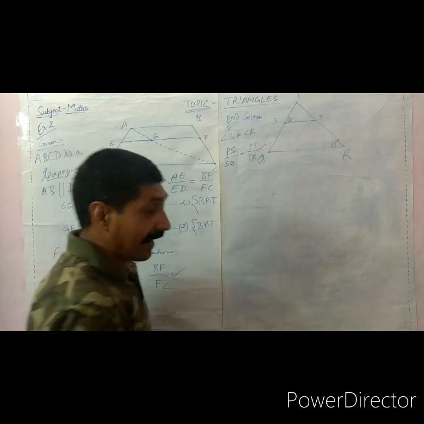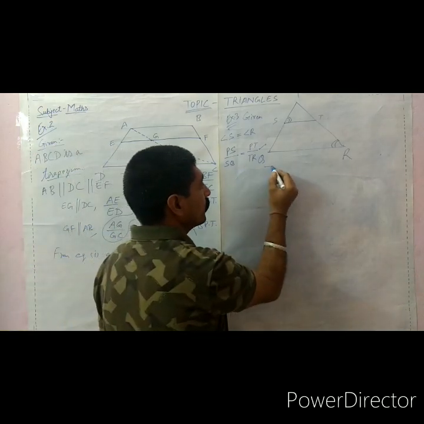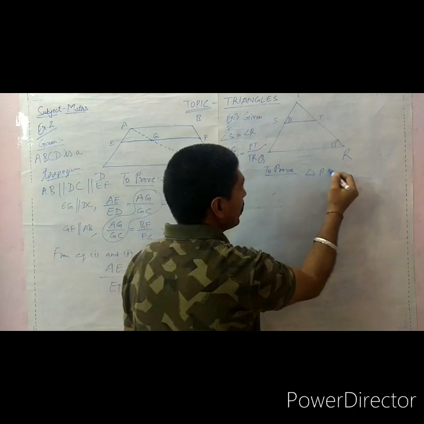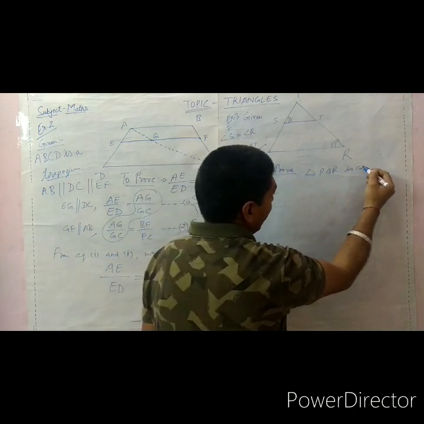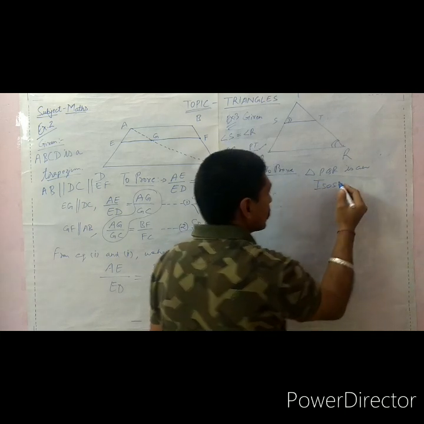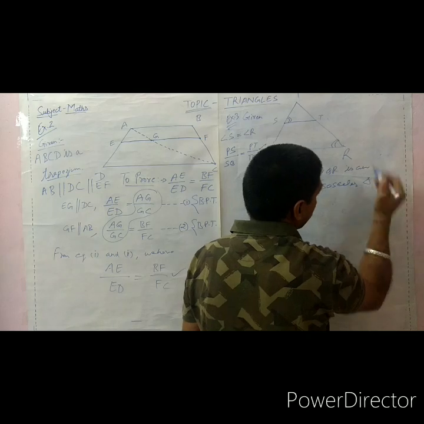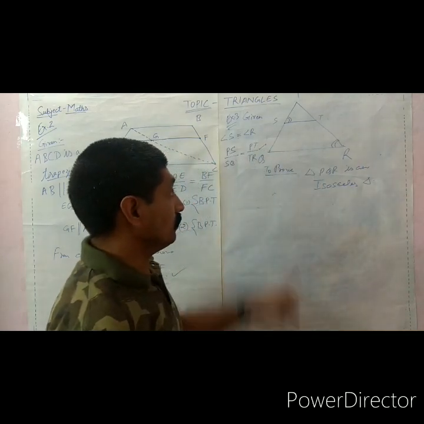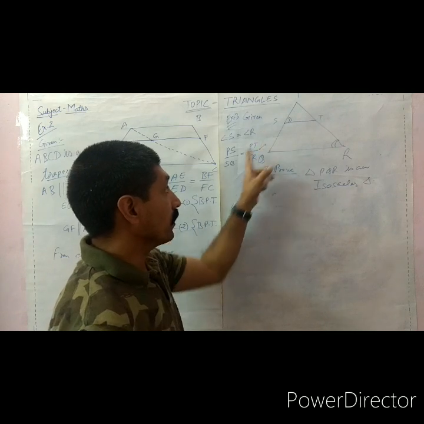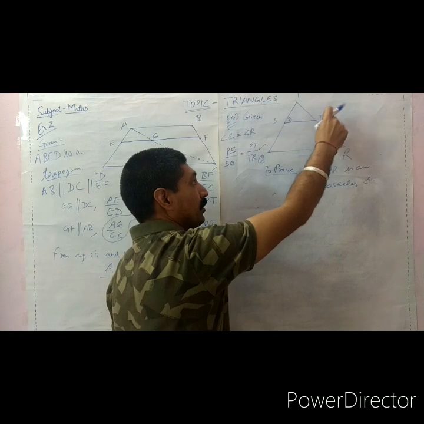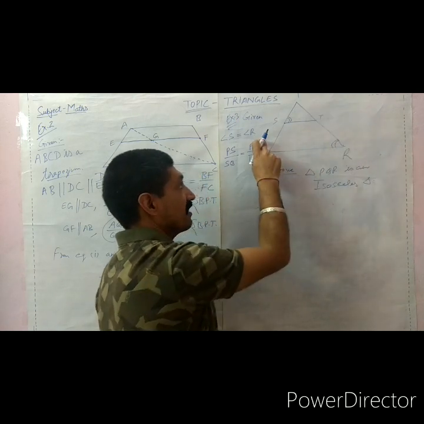So here we have to prove that triangle PQR is an isosceles triangle. So, dear students, we know that PS upon SQ and PT upon TR, this statement is given.